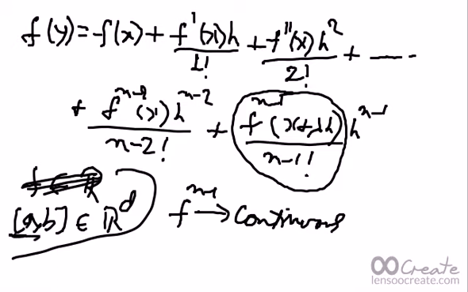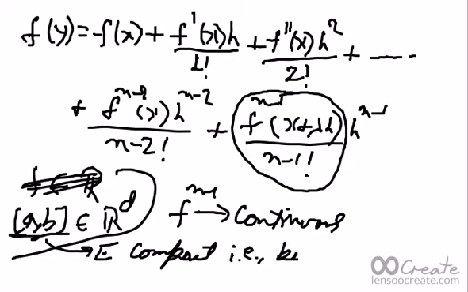and that [a, b], let's call this set E, is compact. That is, it is bounded, both a and b included, and so we see that [a, b] is closed because both the boundaries are included, and it is also bounded.